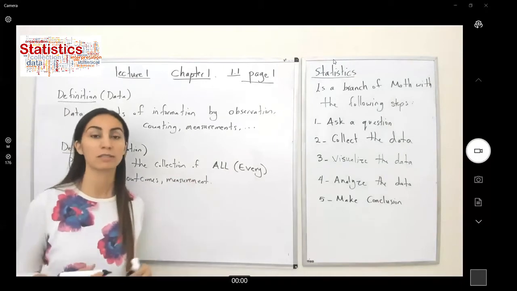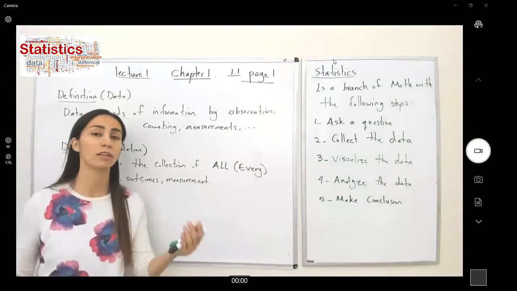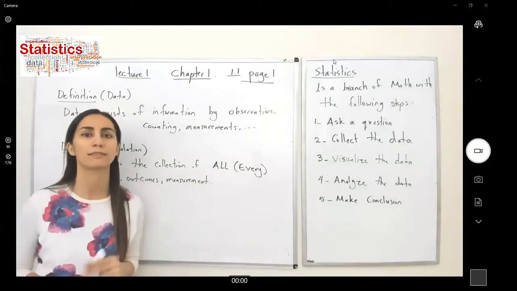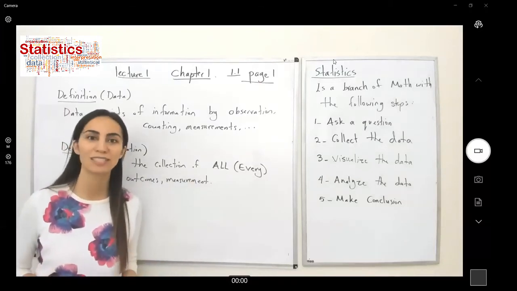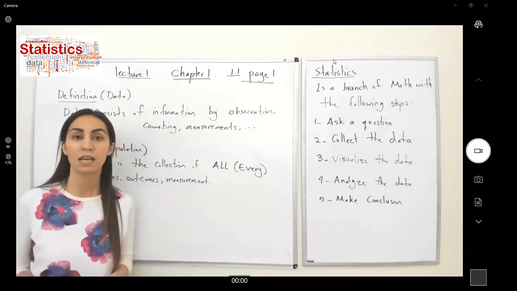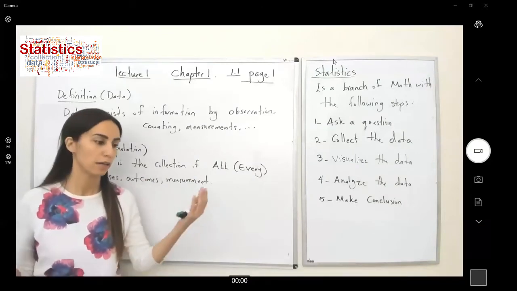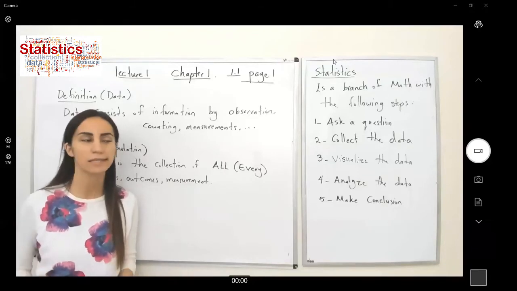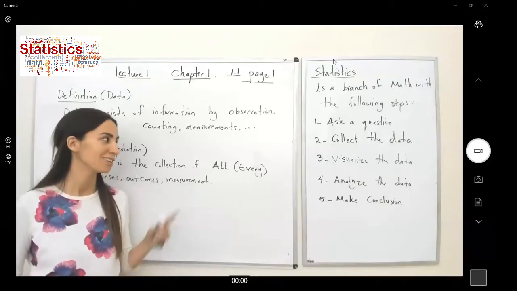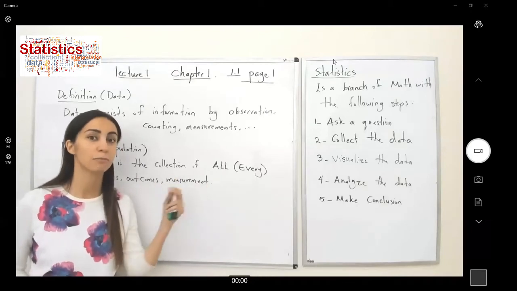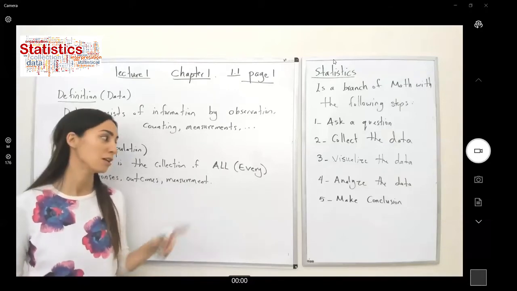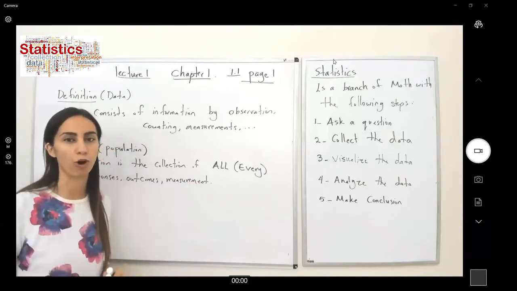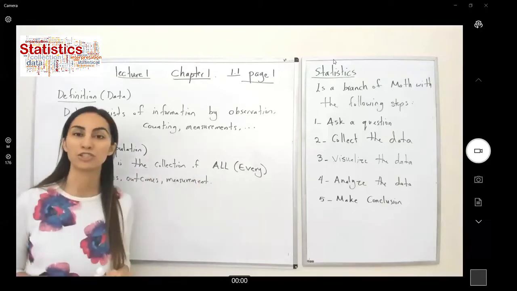So think about census. How long did it take for census to collect data from everyone in the United States? They still keep sending reminders. Hey, please do your census, please do your census. As you can see, it takes a long time. It requires a lot of resources, money, energy. So our preference is population, but in reality, it barely happens to collect data from everyone or all the measurements.